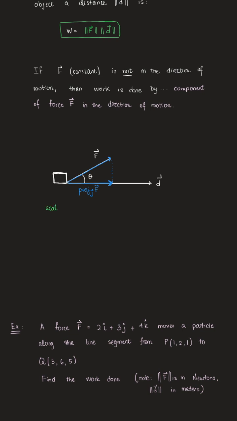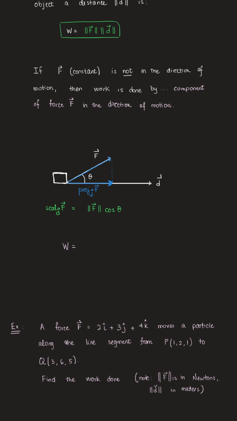So the scalar projection of F onto D would be the magnitude of F times the cosine of the angle. We developed that in the last couple of videos. That gives us the magnitude of the force that's acting in the direction of motion. And so now we can write an expression for the work done when the force is not in the same direction of motion.